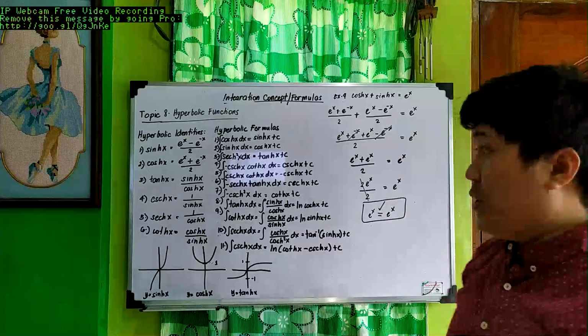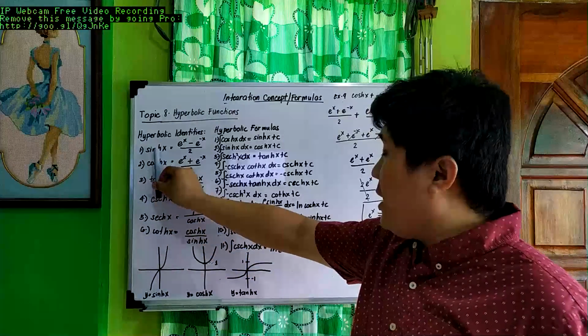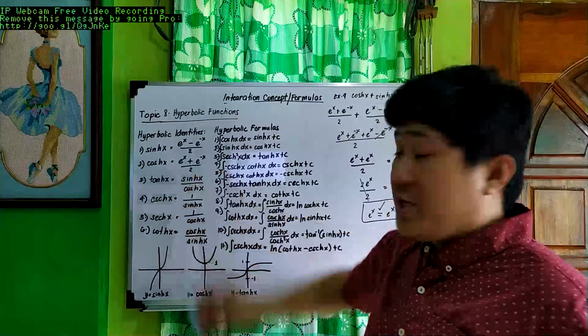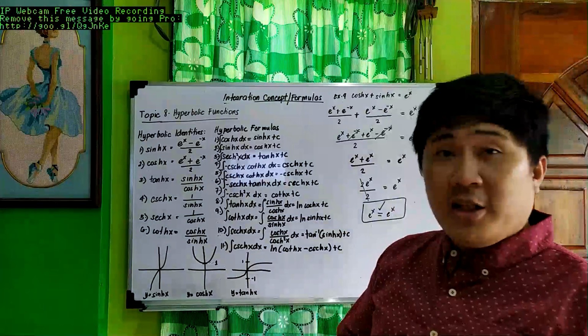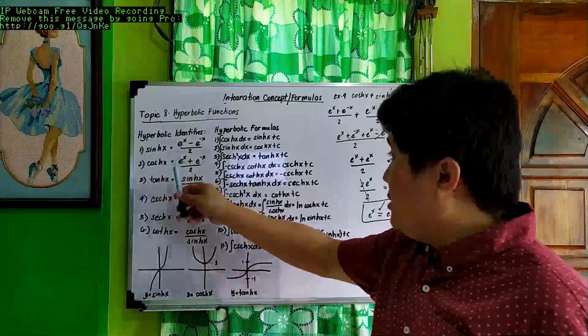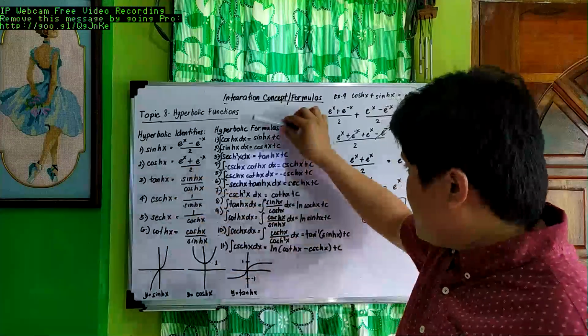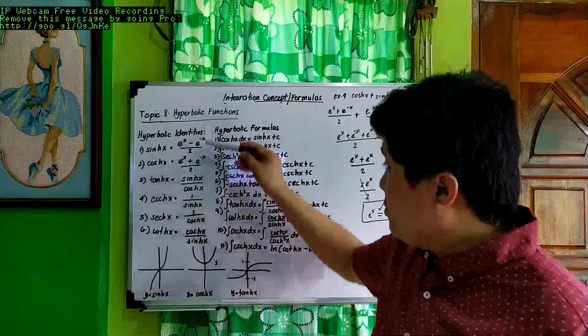So that's the point of knowing the identities, the equivalent identity of a hyperbolic to its exponential form. There are times that you forget the identities or the formula for the hyperbolic because there are too many. So I think this is much easier to memorize.